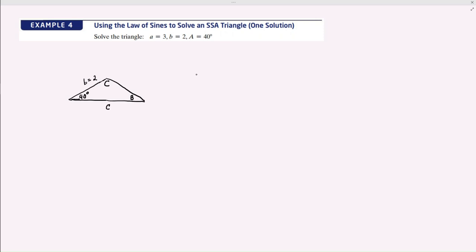Okay, so let's set this up. The sine of 40 degrees over its opposite side, 3, a equals 3, should be equivalent to the sine of B over its opposite side, 2.